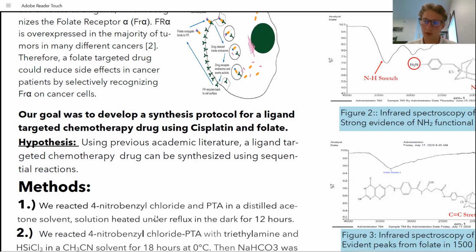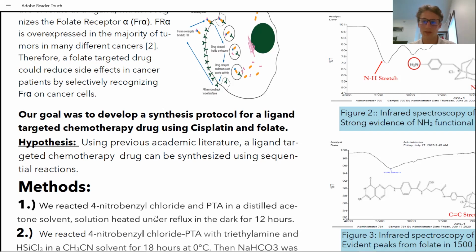Another student who was working with me was working on an ester linkage, which is the exact same layout, but instead of that nitrogen, it's an oxygen. And this is important because an amide is not readily hydrolyzed, or broken apart, by water, whereas an ester linkage is broken apart. So the amide linkage could be used to stick into that receptor and maintain that bond so it's not broken apart.